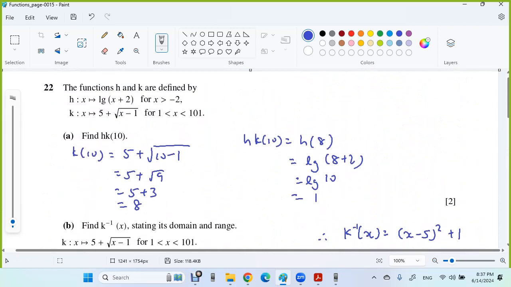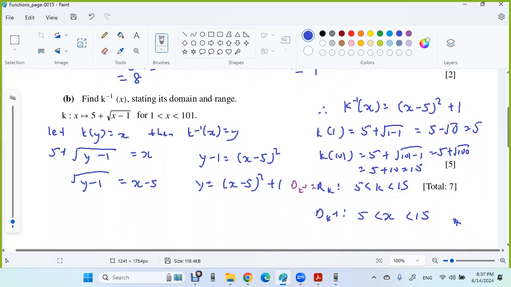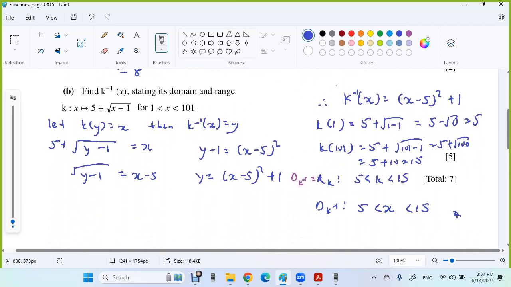And the question asks us to find the domain and range. The domain of k is also the range of k inverse. So the range for k inverse will be k inverse between 1 and 101.